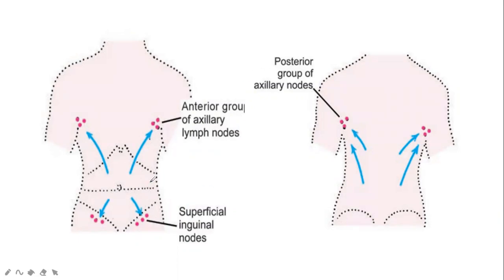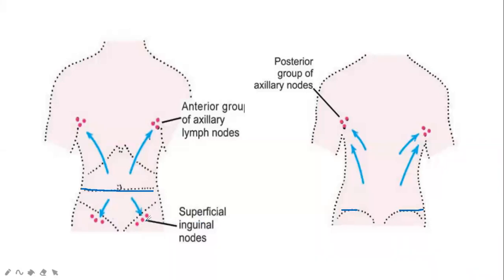Good. Now we are appreciating the anterior abdominal wall and the posterior abdominal wall and lymph drainage, right? And the landmarks being the umbilicus and posteriorly above the iliac crest. Lymph from the anterior abdominal wall above the umbilicus goes to the anterior group of the axillary lymph nodes, and lymph below that goes to the superficial inguinal nodes, which is the horizontal group.